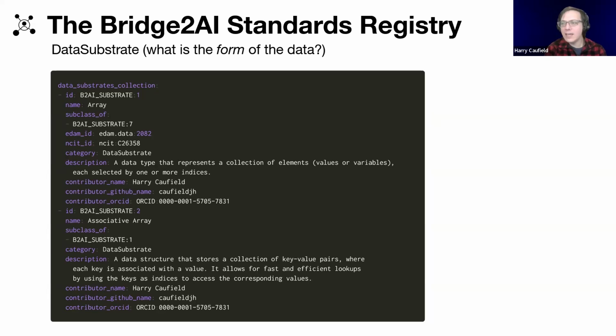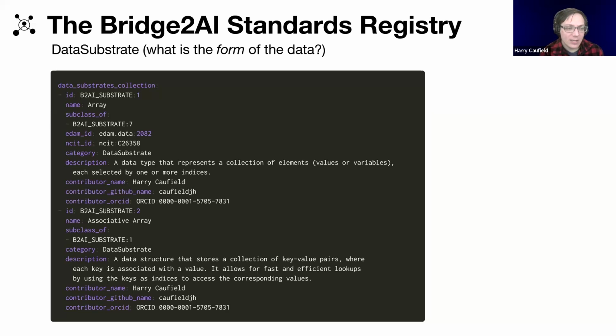Now we've conflated, in some ways, data formats. So if you look elsewhere in data substrates, you'll find things like XML or JSON. Really just as a way to say, okay, well, here are what the technical details are here. In many ways, we're following some of the trends by projects like EDAM, where they have defined data types. In the case of EDAM, largely in the context of formats.